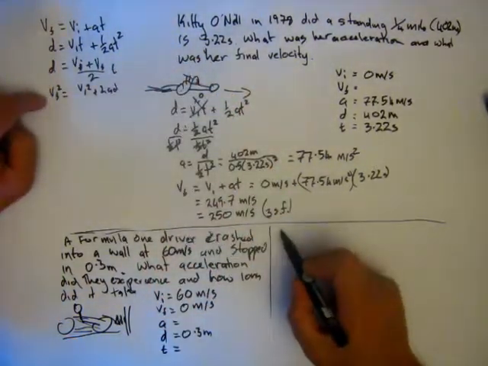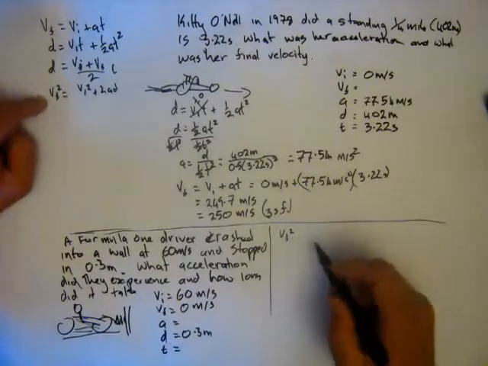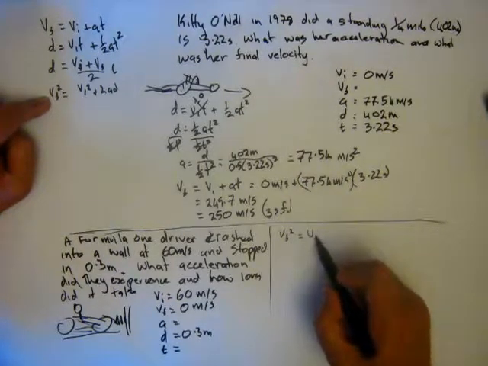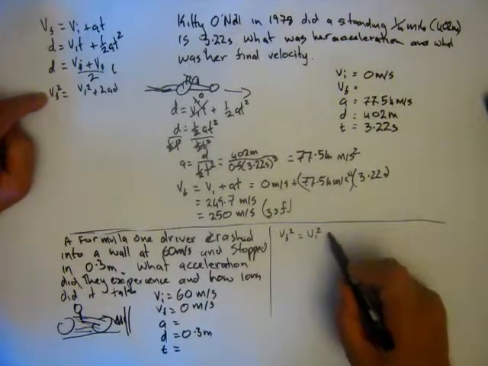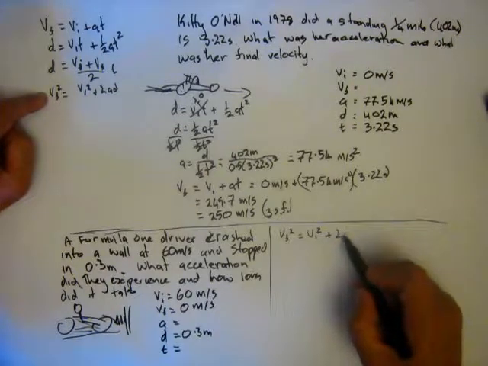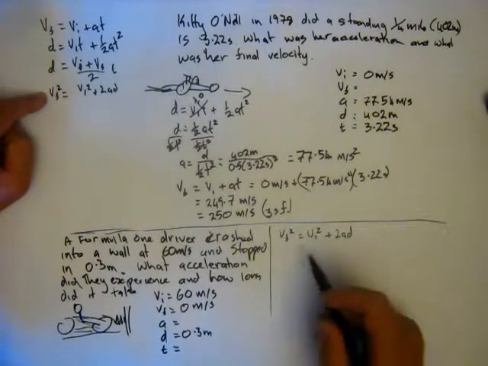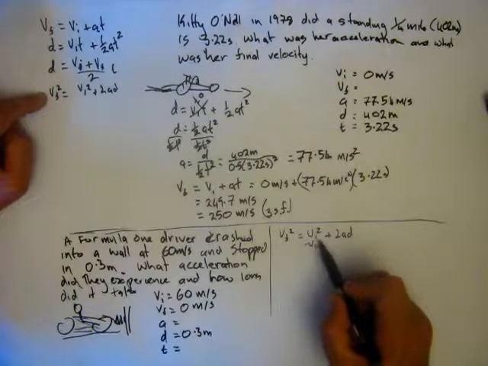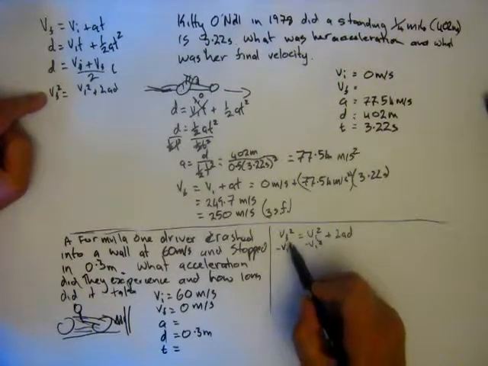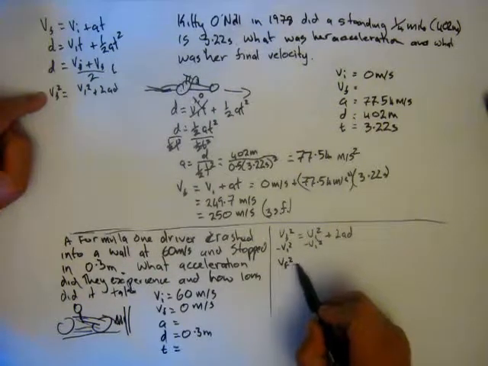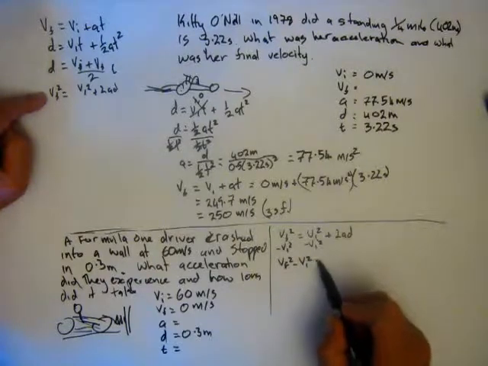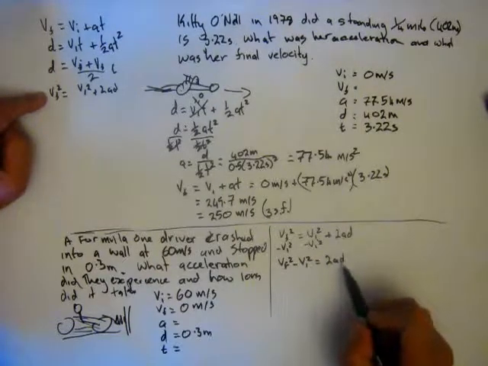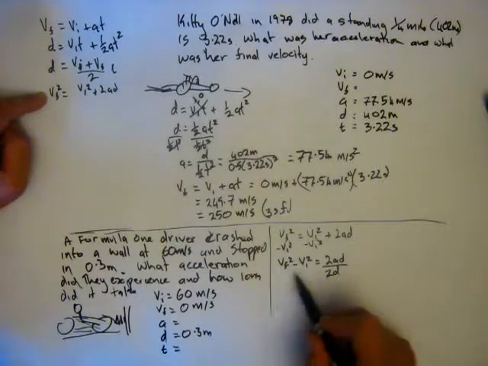Let's use that one. Vf squared equals Vi squared plus 2ad. Rearrange, so subtract Vi squared from both sides. So Vf squared minus Vi squared equals 2ad. I want to find a, so divide both sides by 2d.